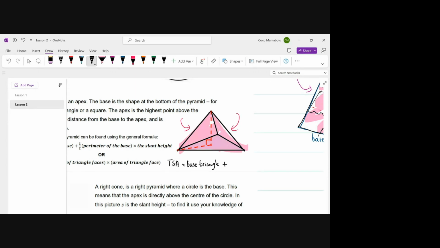So that's going to be the slant triangles times 3. Because if you look at my base shape over here, it only has 3 sides. So it's only going to have 3 triangles coming up.